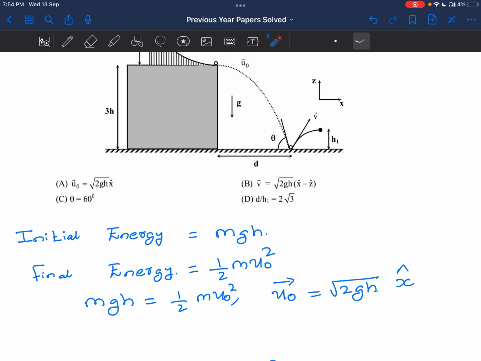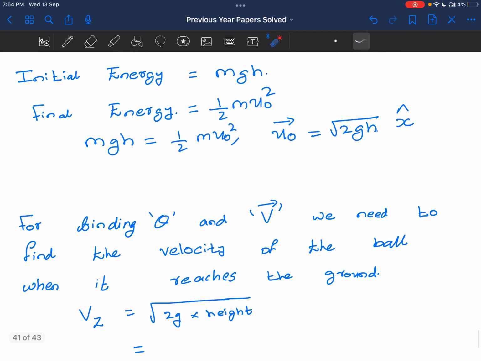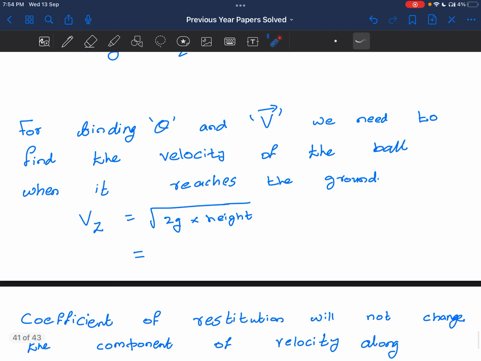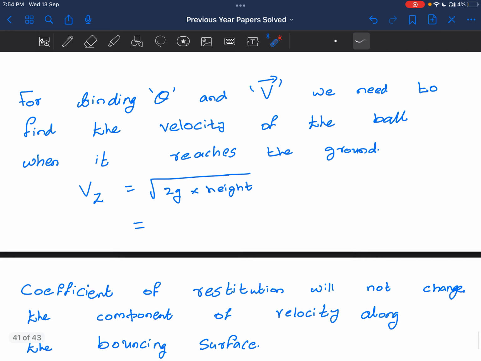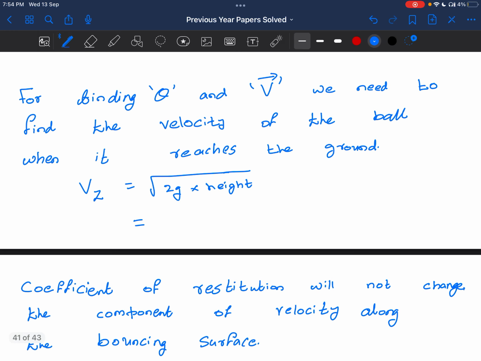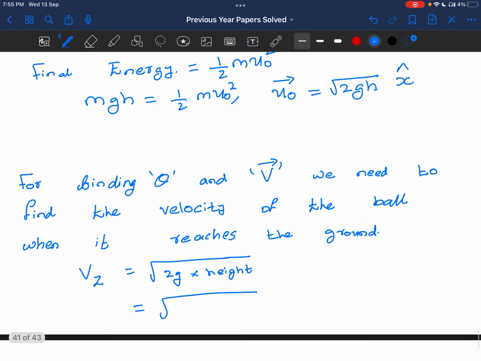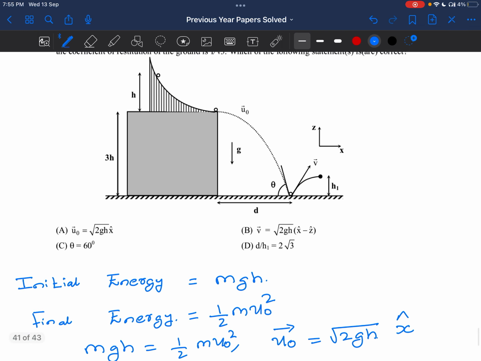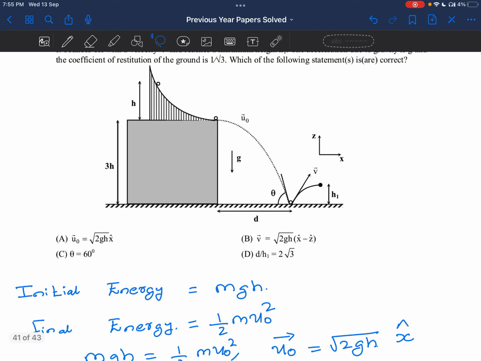So this can be compared to a body at rest, free falling. The height is 3h, and we know to find the velocity of the ball when it reaches the ground, we simply do root 2gh, where h is the height. Here, the height from the ground to the top of the terrace is 3h.